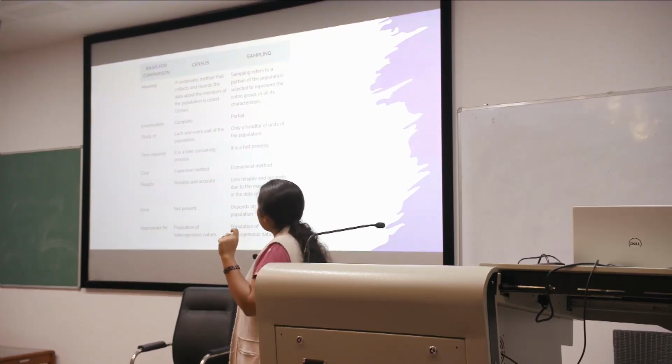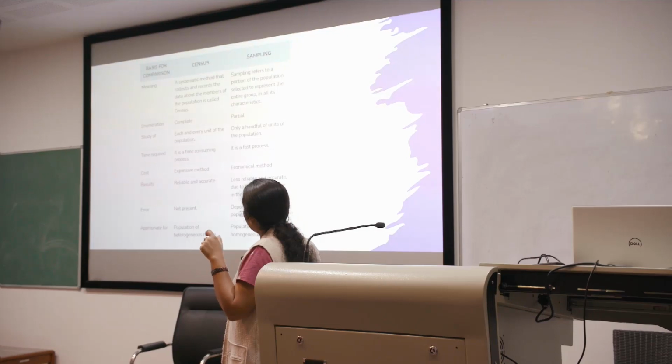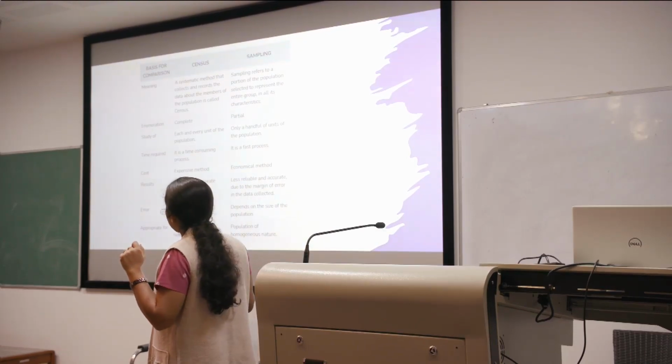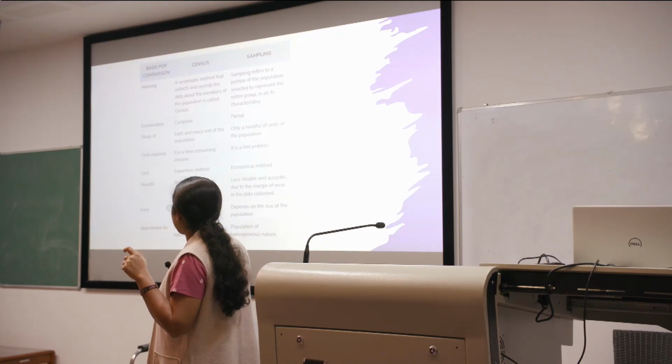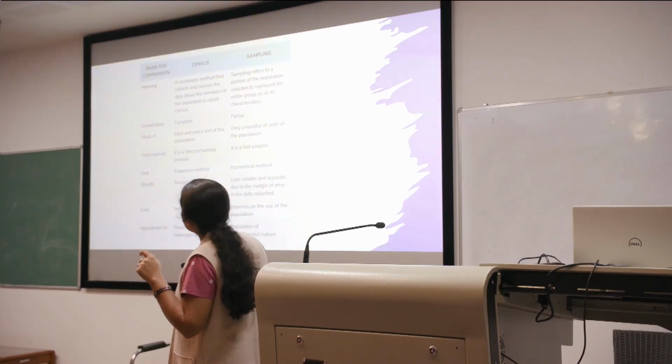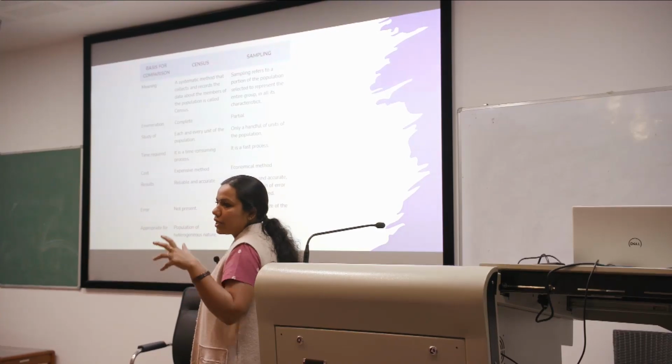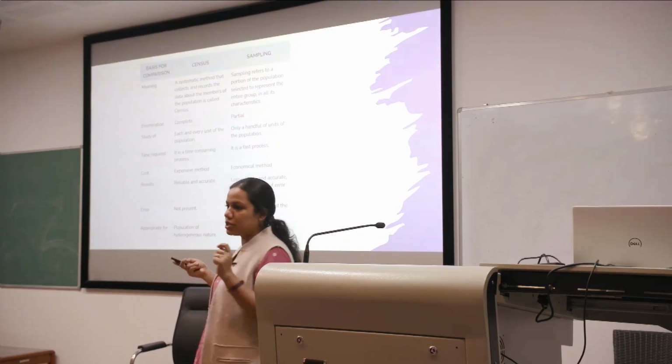So, this should be a handful of units of the population. A census is a long, time-consuming and very expensive job, while sampling is a fast and economic process. Census is more appropriate for a homogeneous nature, okay, and sampling for a heterogeneous nature.